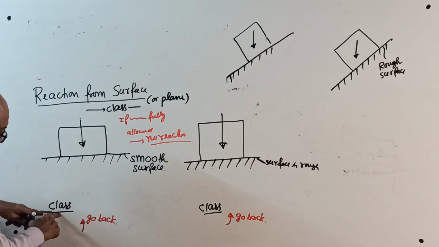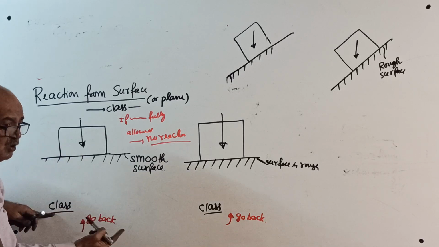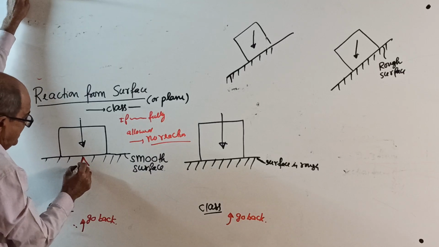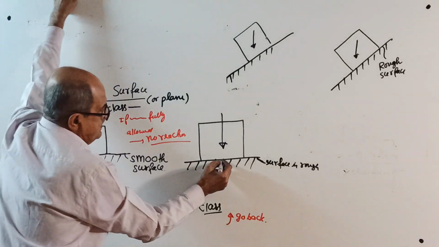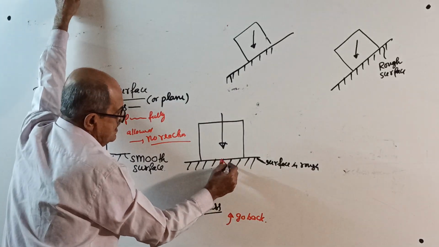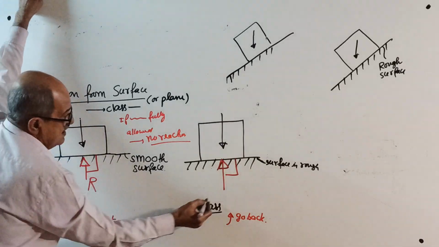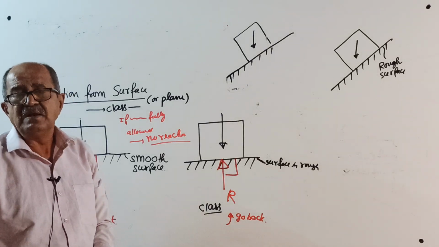Therefore, there will be a reaction here which is normal to the plane. I will call it reaction R, which is perpendicular to the plane.